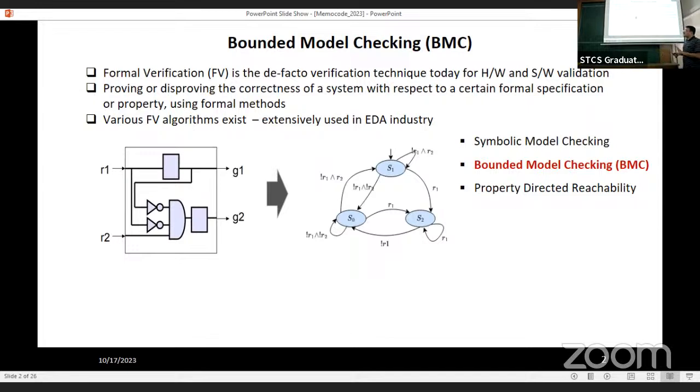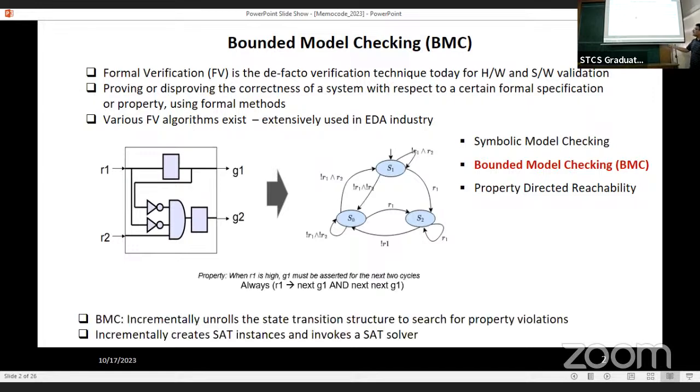The usual initial step, be it hardware code or software code, is to extract such a finite state system description from your underlying system. Additionally, what you also have is a formal specification. Let me take a simple example. Maybe the formal specification that the user is interested to verify is: whenever input R1 is high, the output G1, the grant G1, must be asserted for the next 2 cycles.